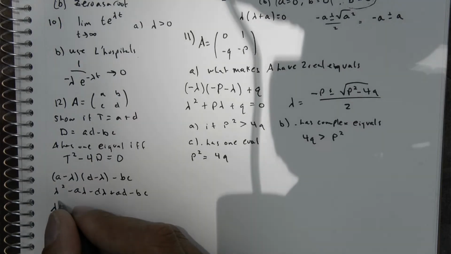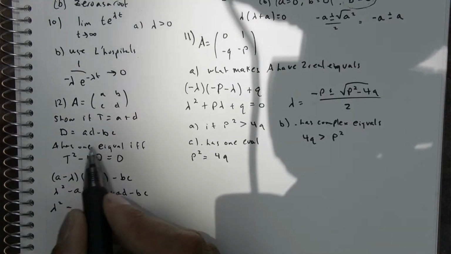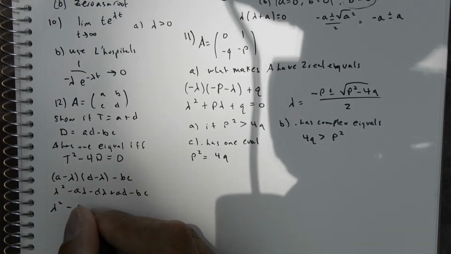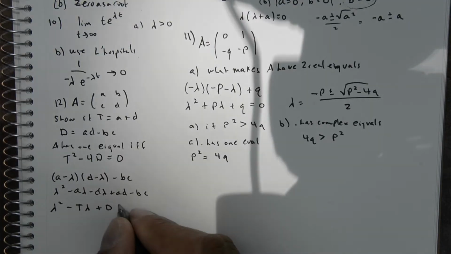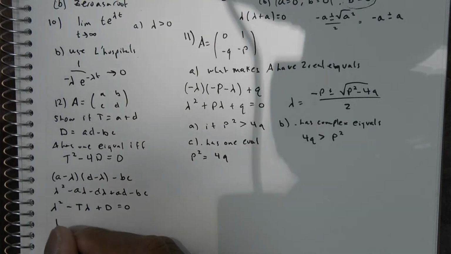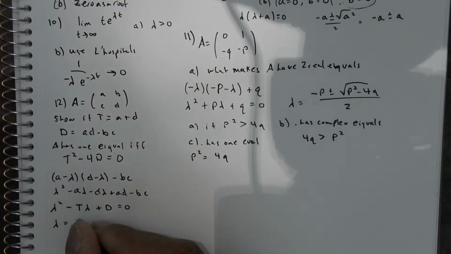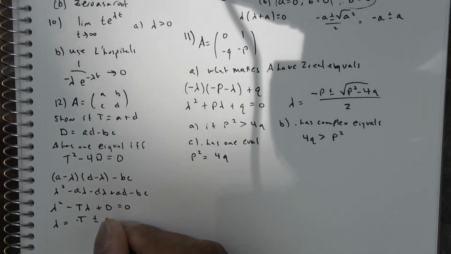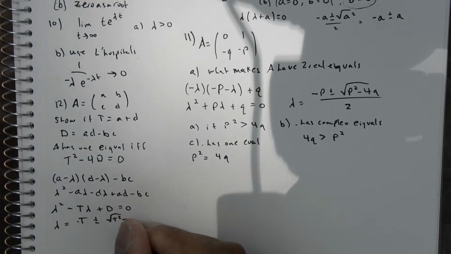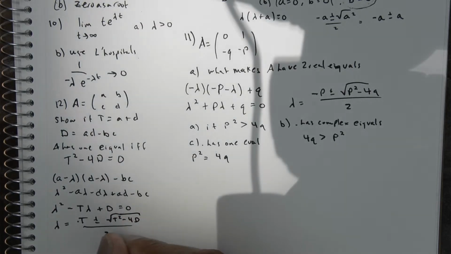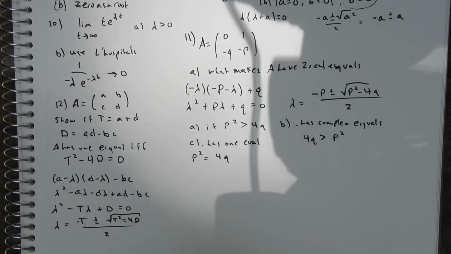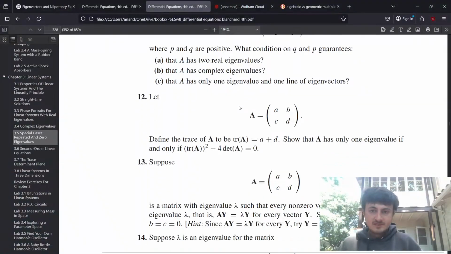So we're going to get lambda squared minus t lambda plus d is equal to 0. And so then we have lambda is going to be equal to t plus or minus the square root of t squared minus 4d, over 2. And so if this goes to 0, then you only have one eigenvalue. So that is problem 12.